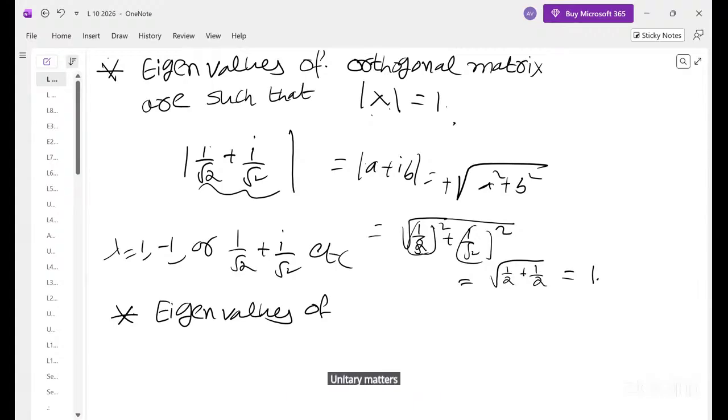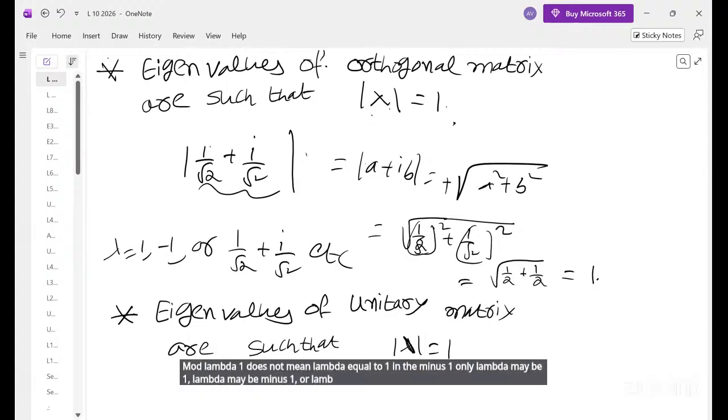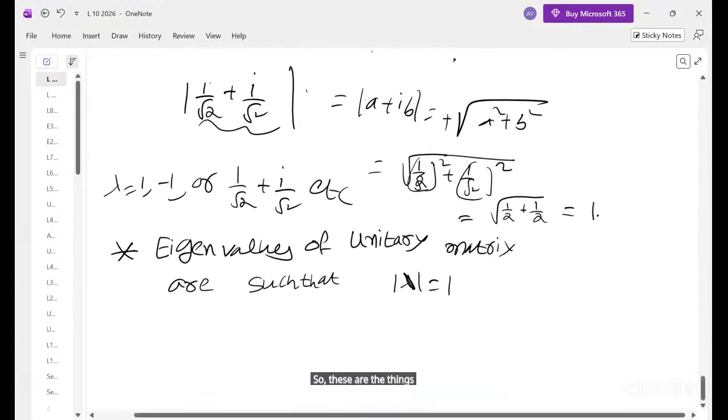Eigenvalues of a unitary matrix are such that mod lambda is 1. For this also the same condition. Mod lambda 1 does not mean lambda equals 1 and minus 1 only. Lambda may be 1, minus 1, or any complex number whose magnitude is 1. So these are the things which you have to remember.